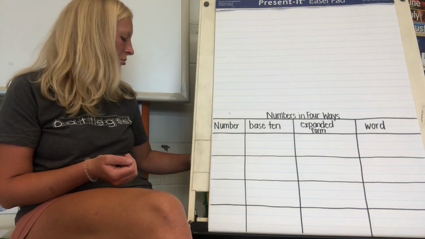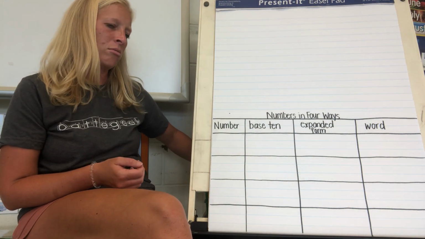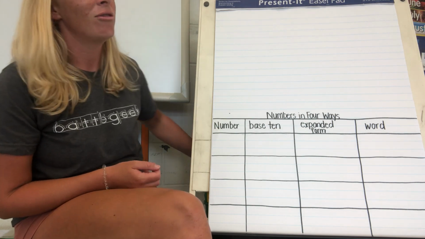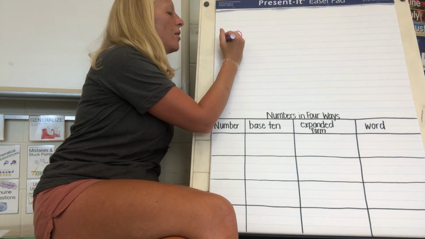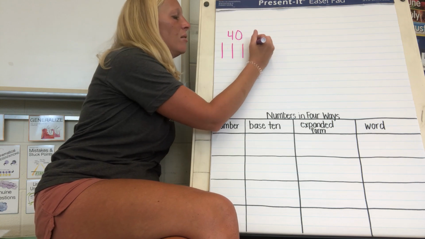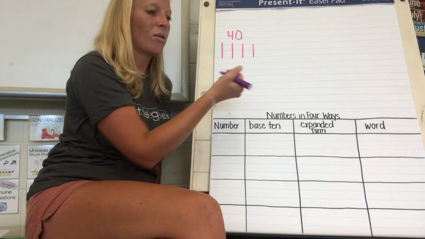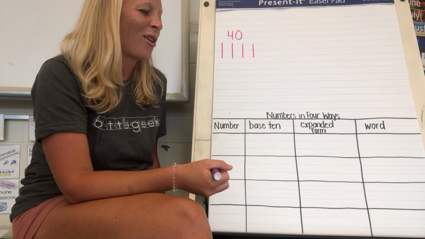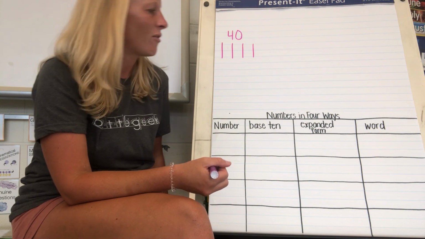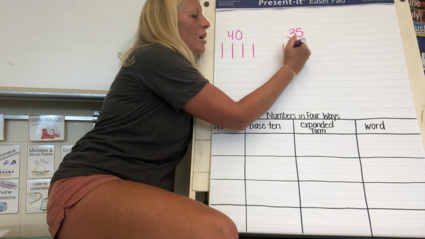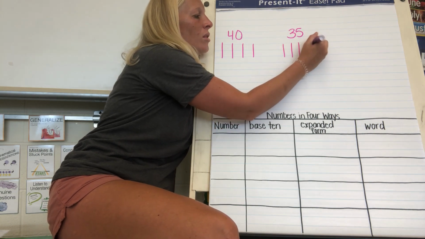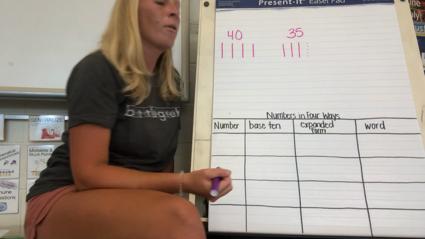So, how many did you have? 40. How did you know? Because you had 4 sticks of 10. 10, 20, 30, 40. How many did your partner have? 35. 35. 10, 20, 30. 1, 2, 3, 4, 5.